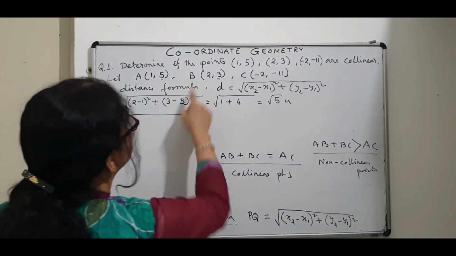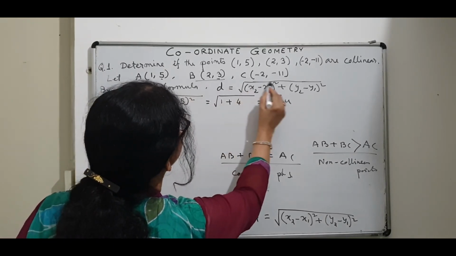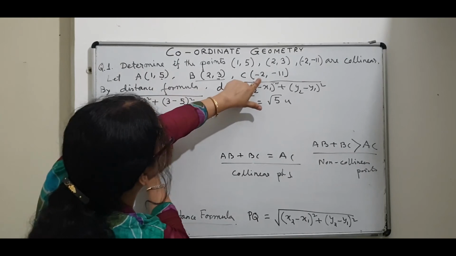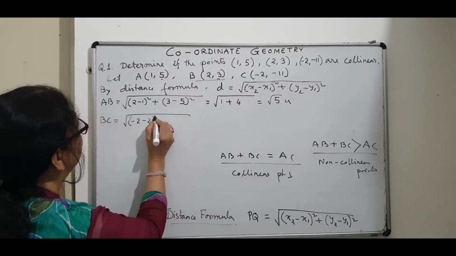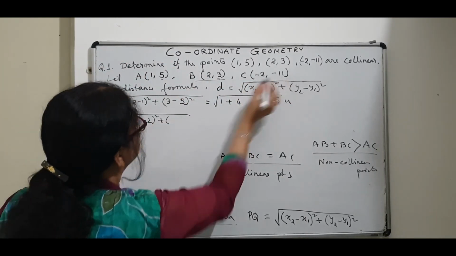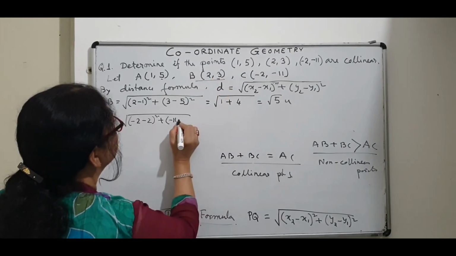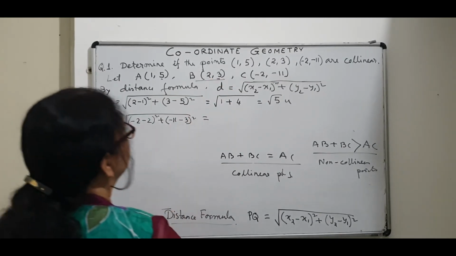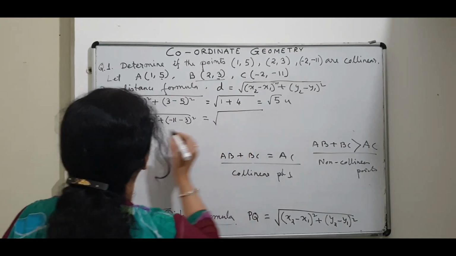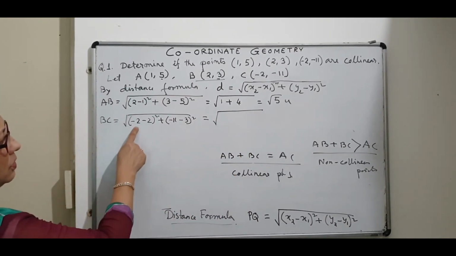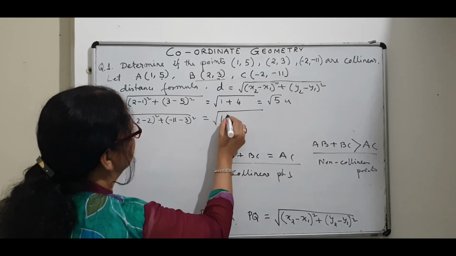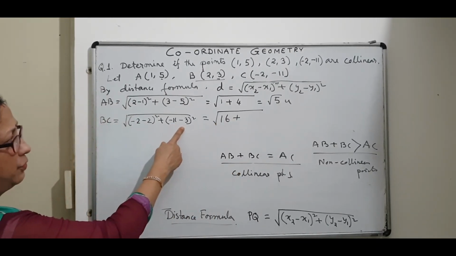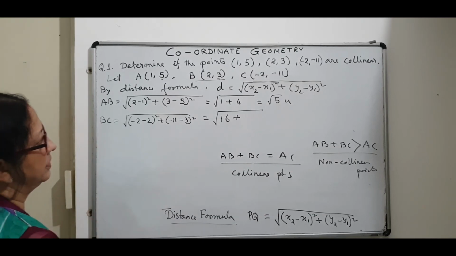So for B and C, again minus 2 minus 1, you see, minus 2 whole square plus I'll take minus 11 minus 3 whole square. Got the thing? So under root, minus 4 whole square is 16, plus how much is it? 11 plus 3, 14 whole square, 196.